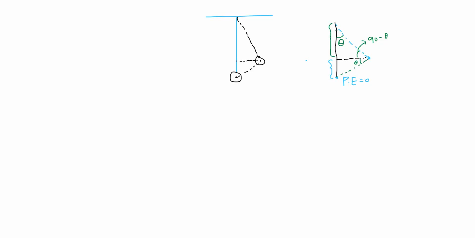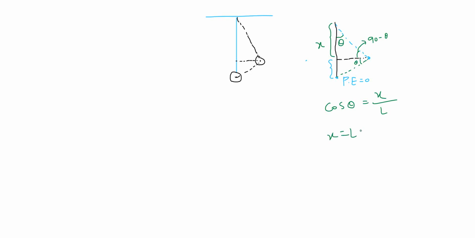The total length is L, and we have to find this particular distance. Cos theta is equal to this distance, suppose x, by the hypotenuse, and the hypotenuse is the length of the pendulum.